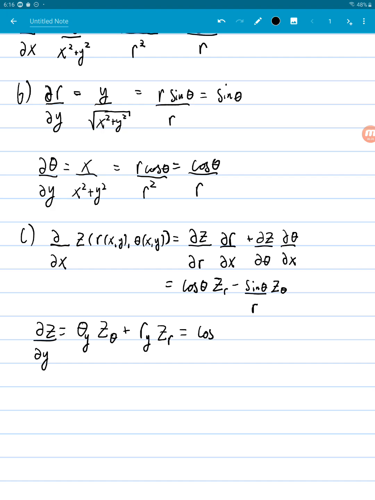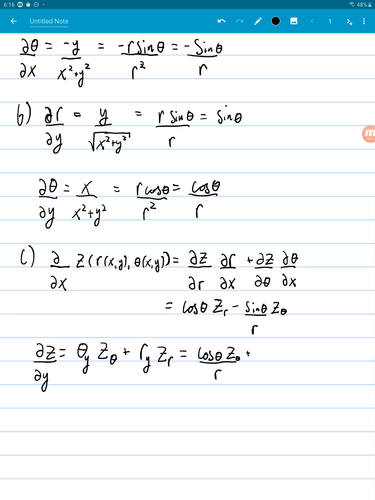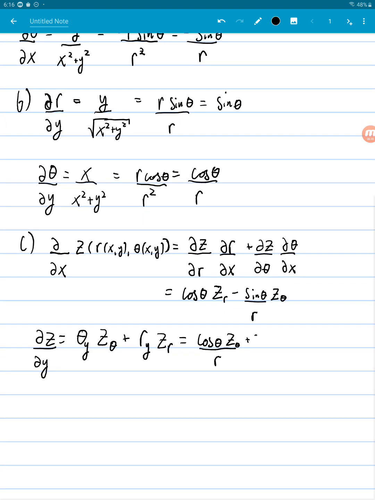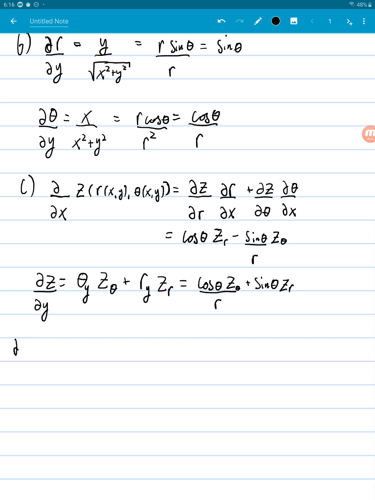So we're going to have cos theta z sub theta over r plus dr by dy was sine theta. So we have plus sine theta z sub r.